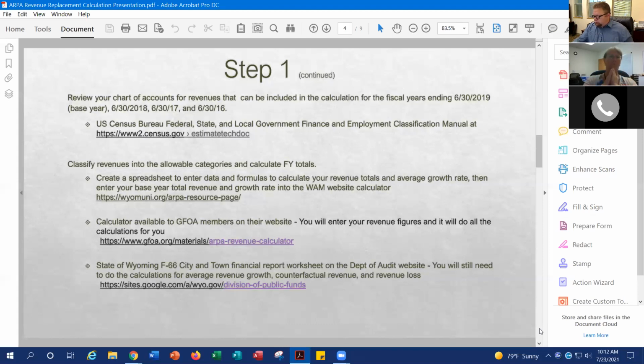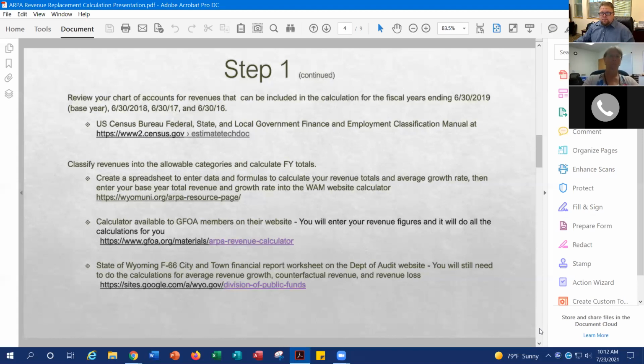And one thing that I found helpful is for those of you who file the F66 City and Town Financial Report every year, you can utilize the worksheet that they provide in Excel to classify your revenues. In the actual Excel worksheet, it includes the U.S. Census Bureau revenue codes.